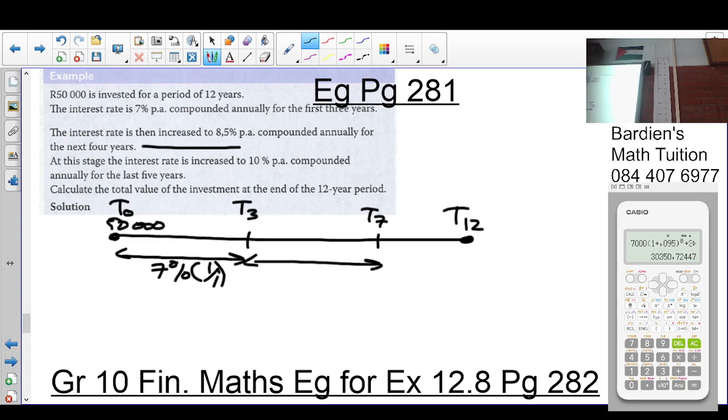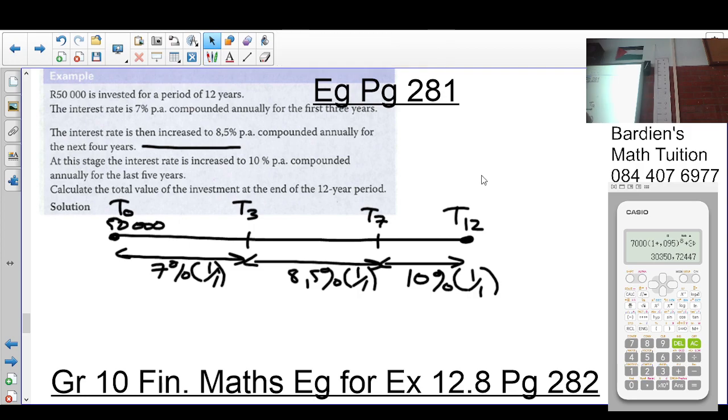The next 4 years, 3 plus 4 is 7. 8.5%. At this stage, the interest rate increased to 10% per annum compounded annually for the last 5 years. 10%. Calculate the total value of the investment at the end of the 12-year period.